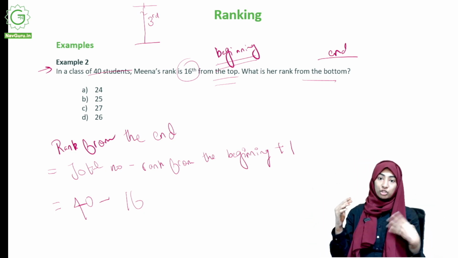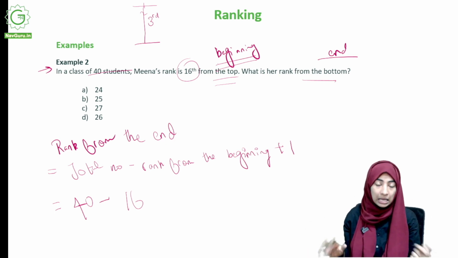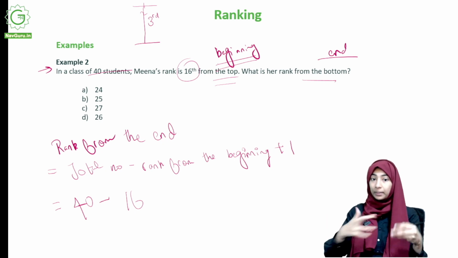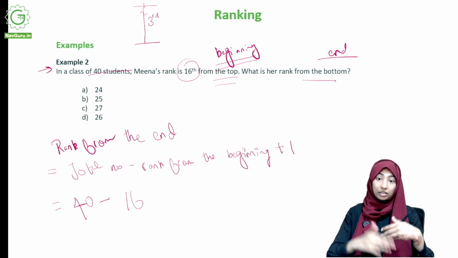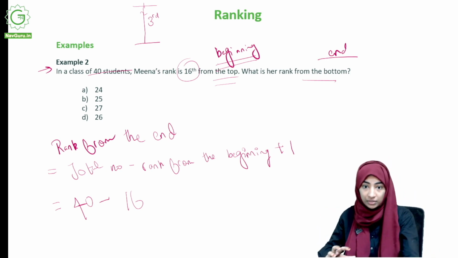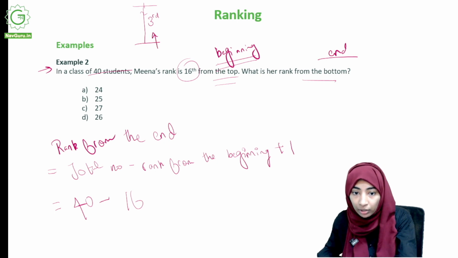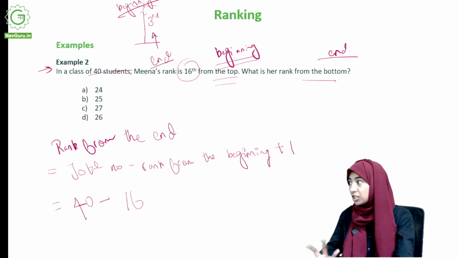But people don't usually say the rank from the bottom. In your class, they give ranks from the top. Nobody gives ranks from the bottom. The bottom part is seen as the reverse. So here the rank from the bottom becomes the end and the top becomes the beginning, because this is the order in which things usually go.